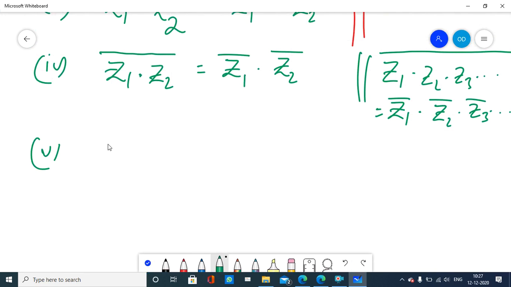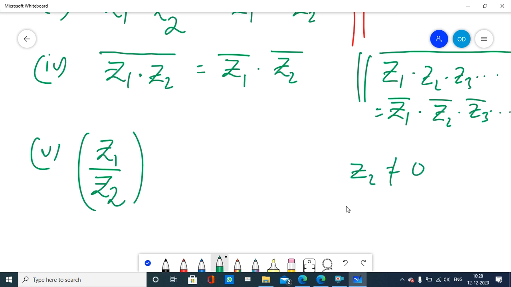Now, the last property that we are going to study is, if z1 and z2 are two complex numbers, then z1 divided by z2 is another complex number. Remember, you divide one complex number by another non-zero complex number.